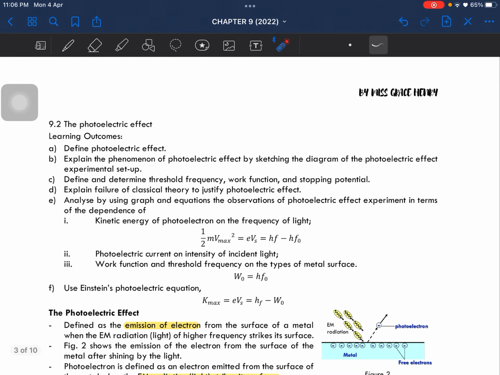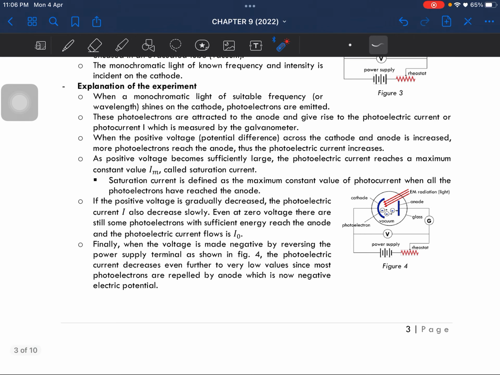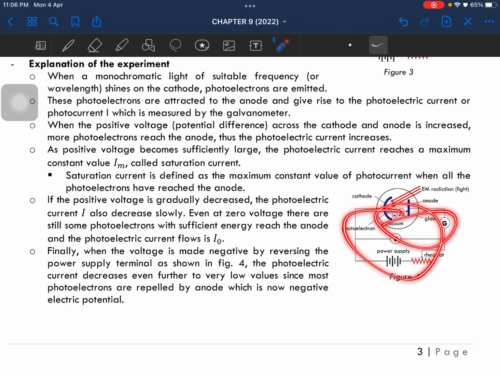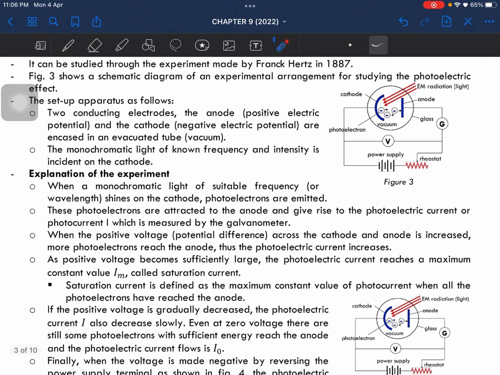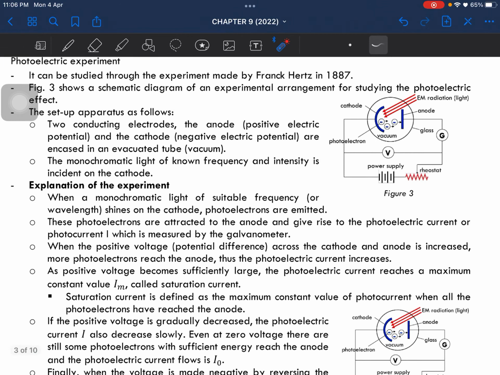That is our second learning outcome. So you should somewhat sketch this diagram. Okay, this one. Okay, so the setup apparatus are as follows. So there are 2 conducting electrodes, which is the anode and cathode.